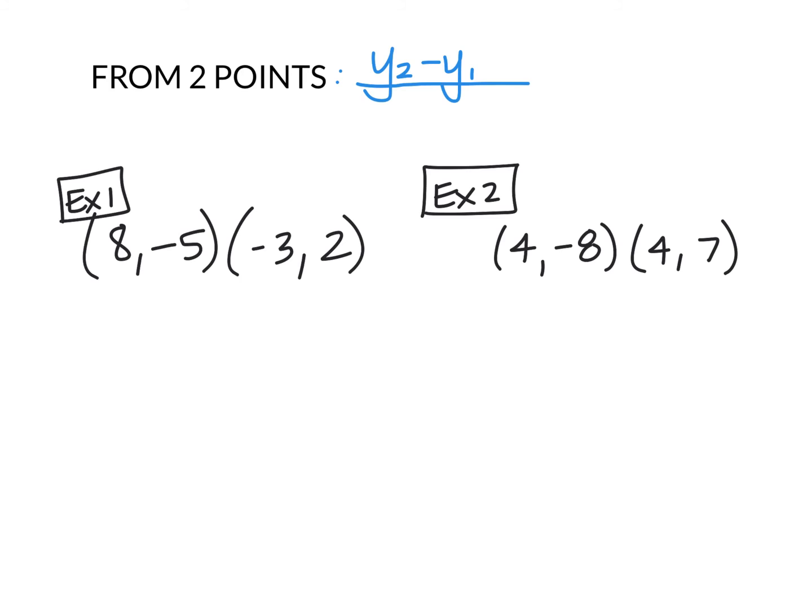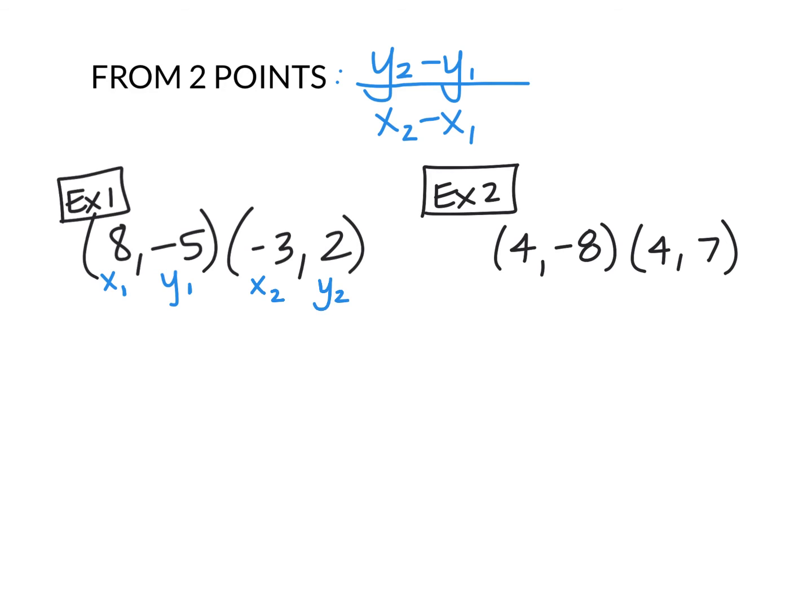And then the bottom is the change in x, x2 minus x1. All right, so the 2's and the 1's tell you which point you're talking about. So in this first example, this is x1, y1, because this is talking about the x from the first point and the y from the first point, right? This is a point. And the second one is going to be x2, y2. For some of you, labeling that is going to be very helpful.